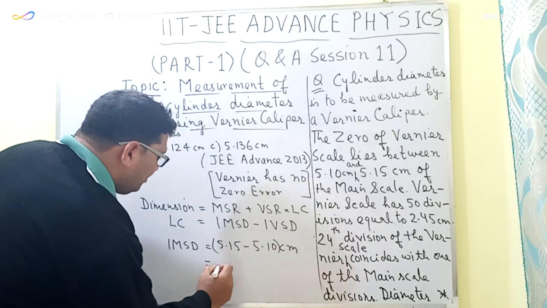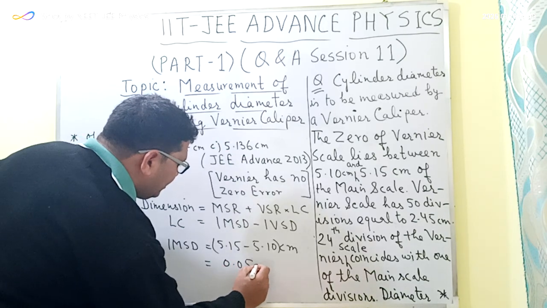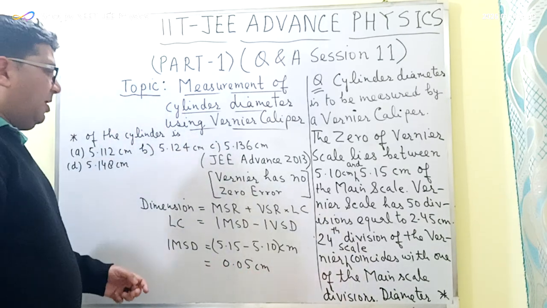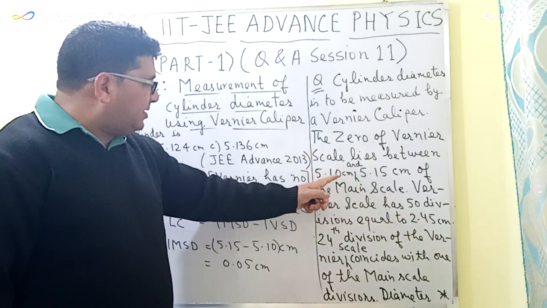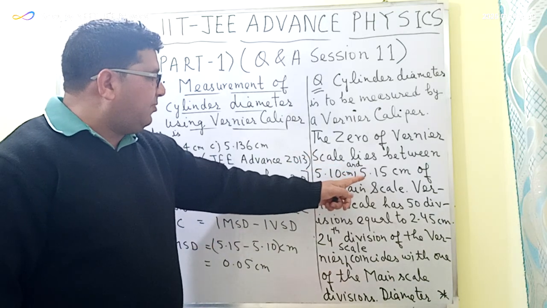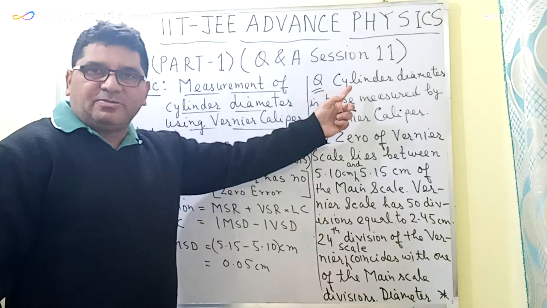So this is equal to 0.05 centimeter. Now, the zero of the vernier scale is lying between 5.10 centimeter and 5.15 centimeter of the main scale while measuring the diameter of the cylinder.